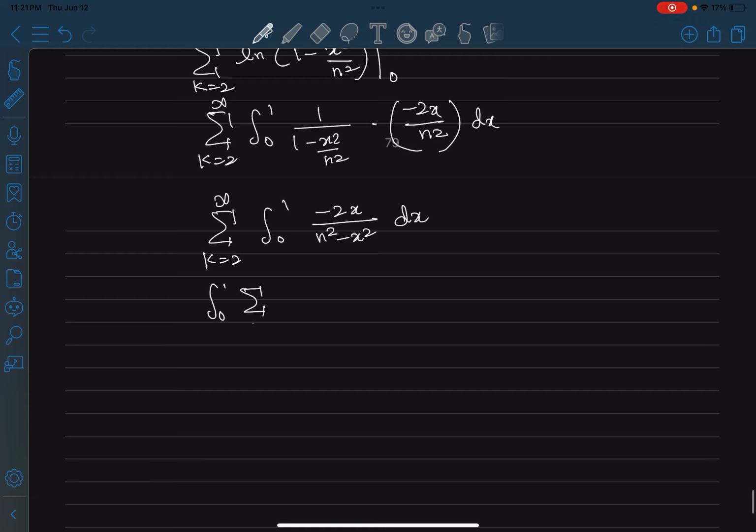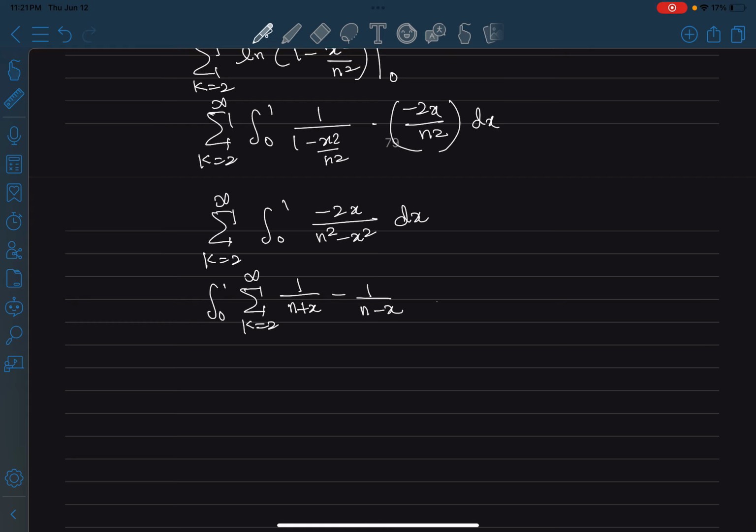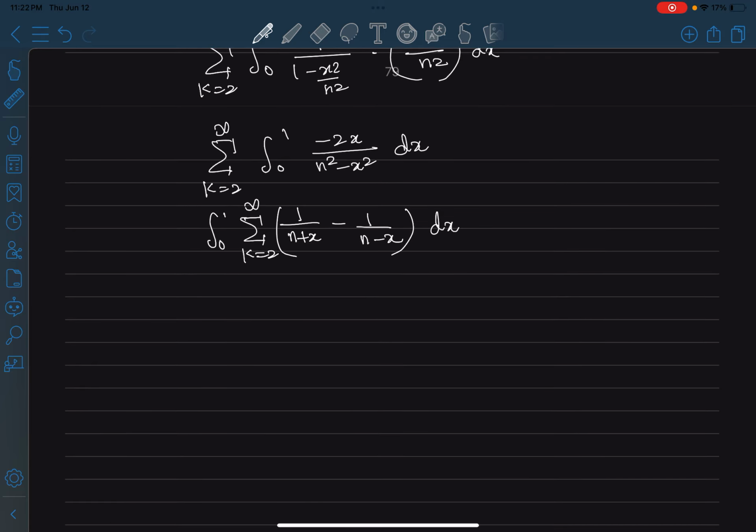If I use partial fractions over here, I will get 1 by (n plus x) minus 1 by (n minus x). Yes, this is the partial fraction decomposition.